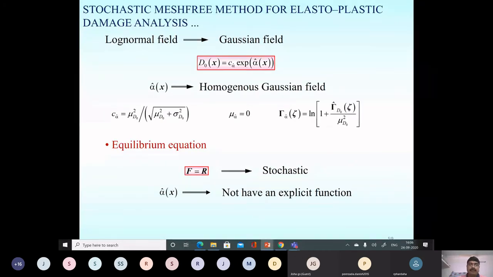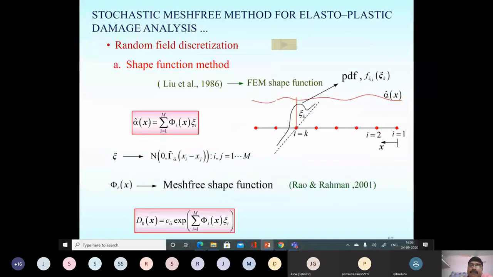Okay. So the moment those material properties are random, your equilibrium equation is random in nature, and that makes your life complex, and you need to have a model. As I said, you don't have an explicit expression for this, so you have to somehow model it. There are different techniques.